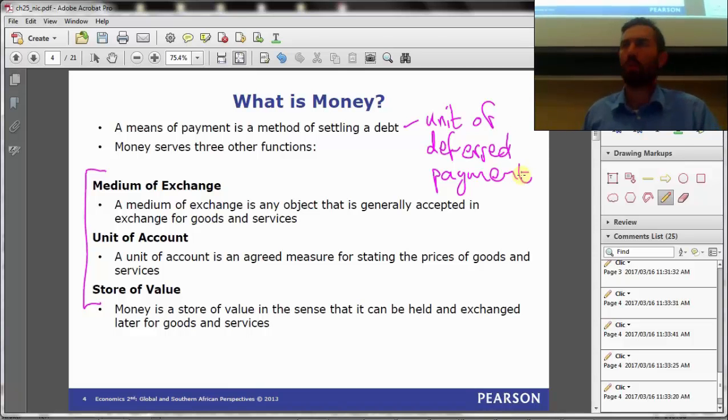The question, of course, is who owes me if I'm holding money? And with the monetary system, anyone can owe me. So who is on the other side of that debt? This is where a lot of the discussion about how money works gets a little bit tricky. But the idea is everyone in society.